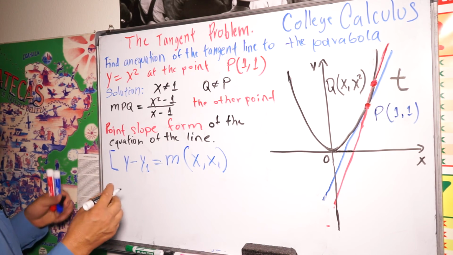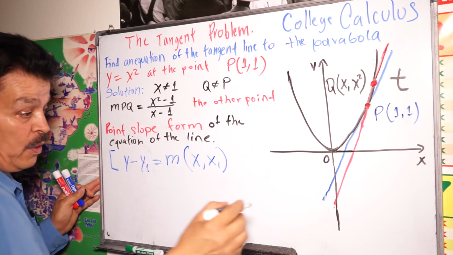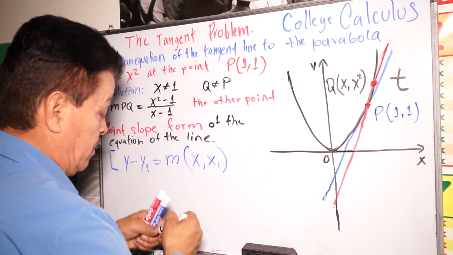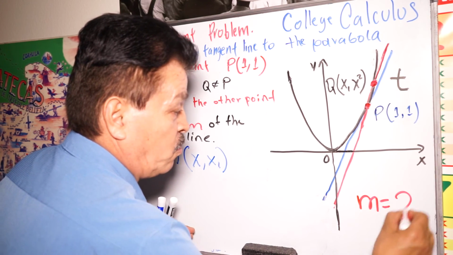So now you substitute. Because right now we know the slope, m is equal to 2.